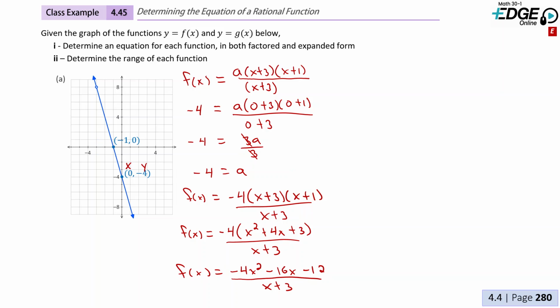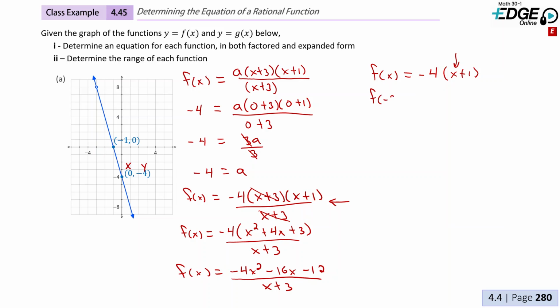So we haven't actually made a simplified version of this function yet, but it should be pretty easy from this step. We can actually just cancel our x plus 3's. So our simplified version would become f of x is equal to -4 times x plus 1. And that's it. So now from there, we're going to substitute in our non-permissible value of -3.